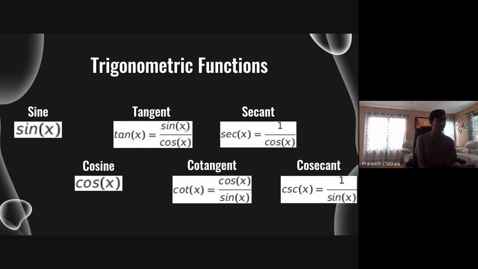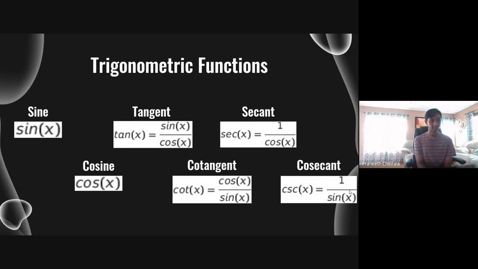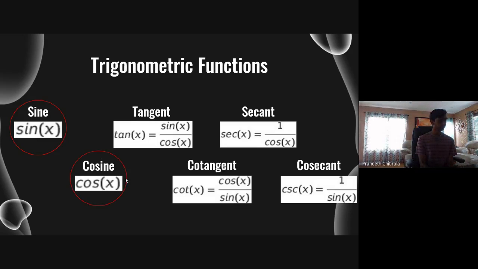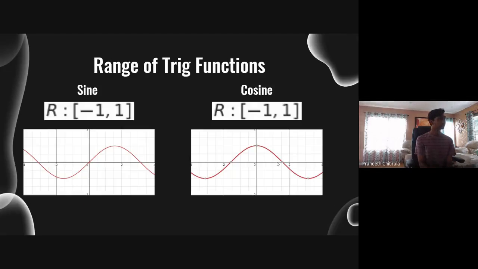Tangent is sine over cosine, cotangent is cosine over sine, secant is 1 over cosine, and cosecant is 1 over sine. But for this unit, we're only going to be concerned about sine and cosine. We're not really going to be talking about any of these other four.